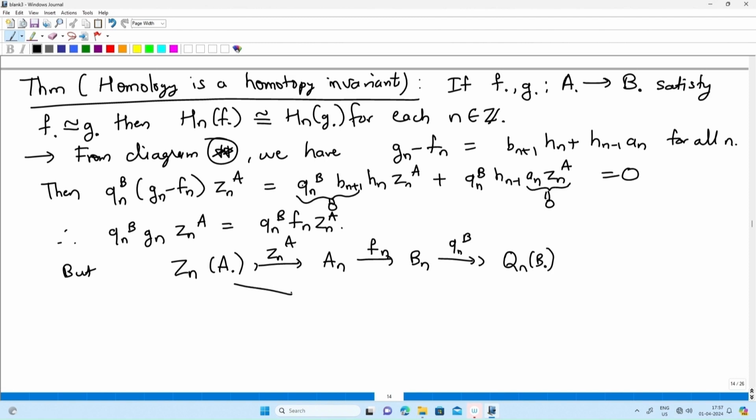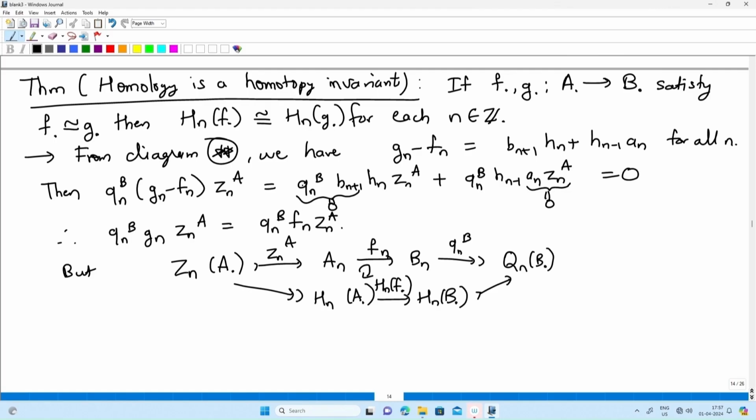Okay, but this diagram actually commutes. You can put the homology groups here, and then this embeds again. So this is Hn of F dot. But this diagram commutes. This comes simply from the definition of homology, the symmetric version of the definition of homology.